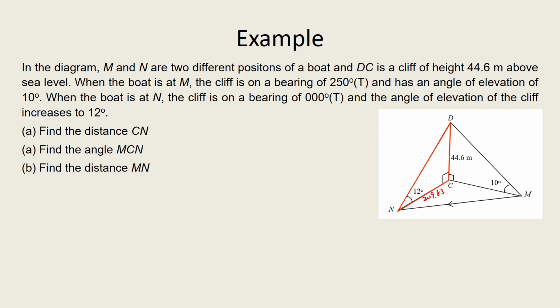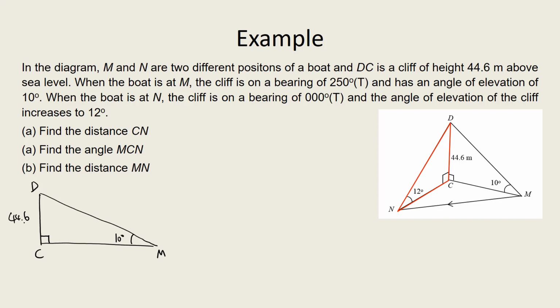By the same argument, we can use the triangle MCD to find the side CM. Again, we need to draw out MCD, this triangle. The good news is that MCD is still a right angle triangle, and we are given the angle of elevation at point M is 10 degrees, and the height of the cliff is still 44.6.